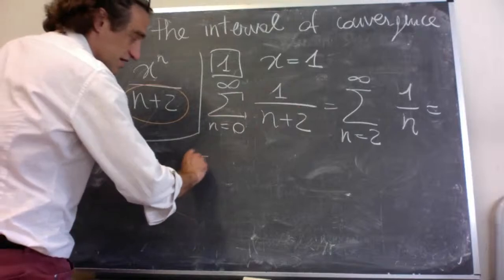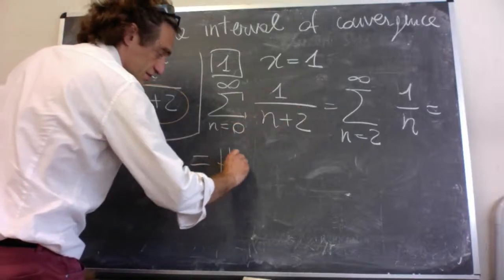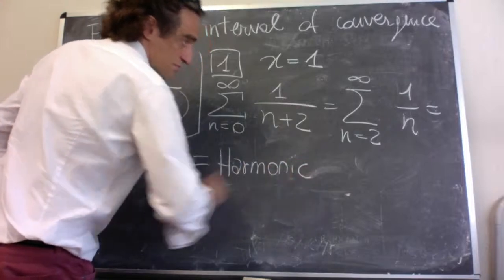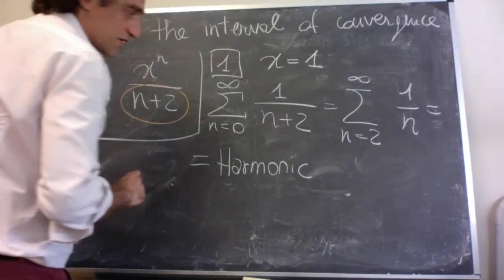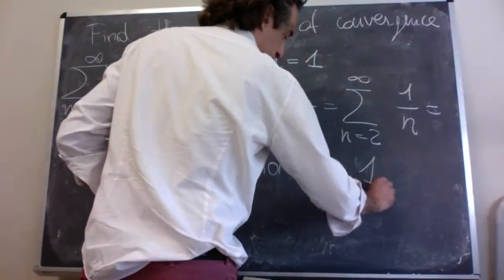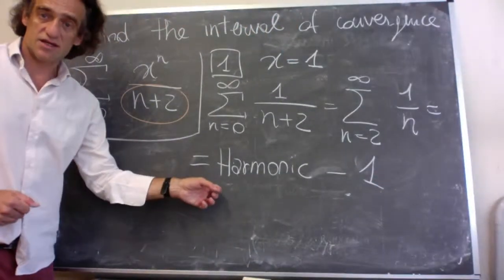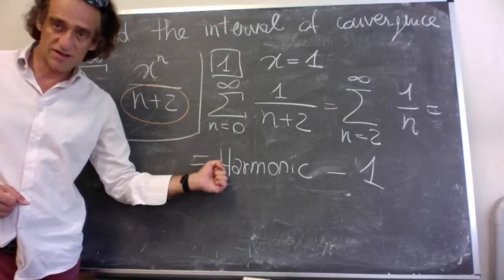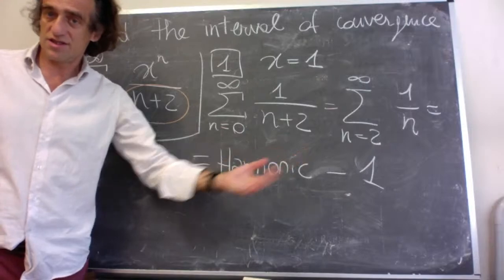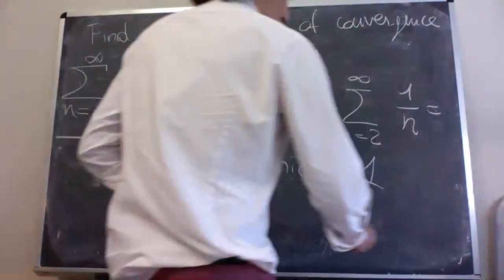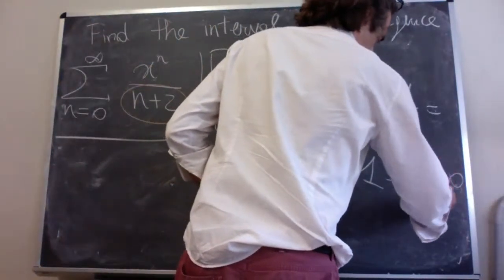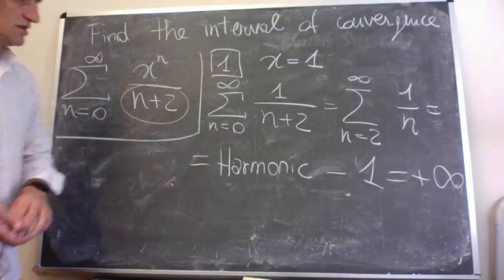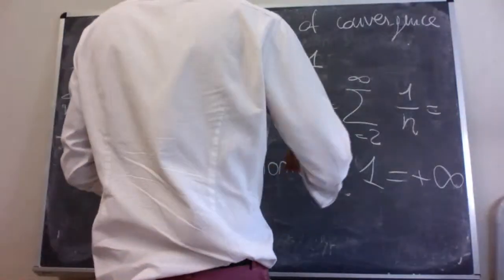We already know that it diverged, but this is the harmonic minus the first term of the harmonic, so -1. But the harmonic is infinite, is a divergent series. So here we have infinite -1, and this is equal to plus infinity. So at the point x equal to 1, the series diverges.